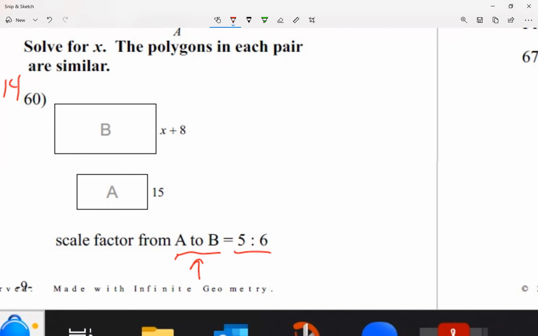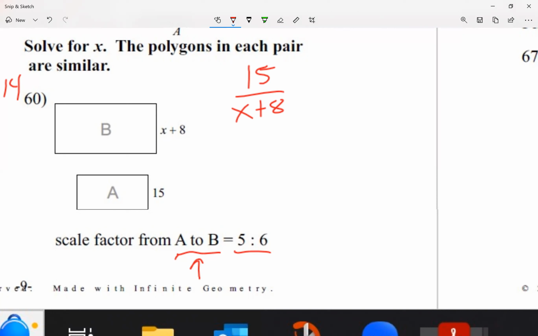Let me write this as a fraction. Let me write this as 15 over x plus 8. It's not that I'm always going to go with the smaller figure, because A could be bigger. It just says A to B. So make sure you write the information from A first.